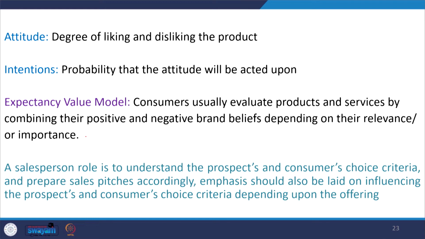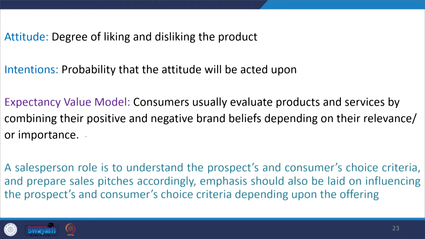Attitude means simply your liking and disliking for the product, or in other words whether you evaluate a particular product or service positively or negatively. And intentions means, on the basis of attitude, what is the probability that you are going to act. Eventually you might have a positive attitude about something, but what matters for a marketer is that attitude gets converted into intentions and you finally go ahead and buy the product.